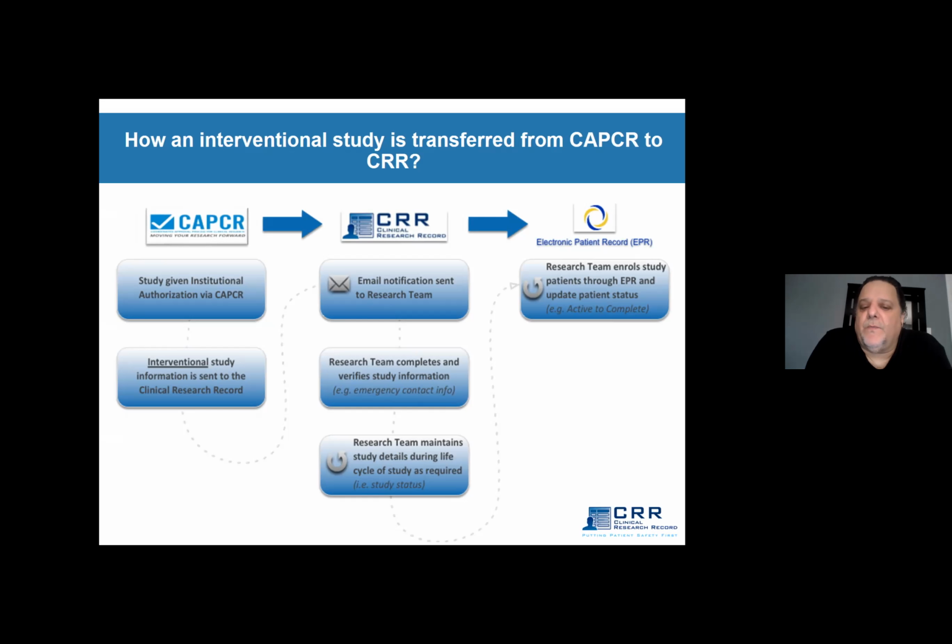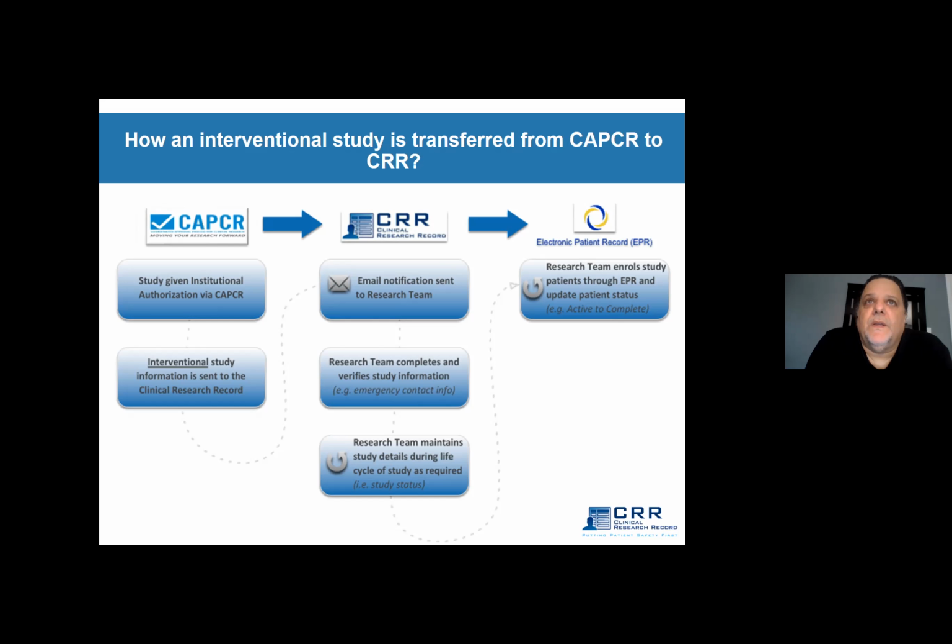This is basically what we call study activation, because it allows the study to be created inside of clinical research record. And of course, during the life of the study, the research team should maintain that study up to date, because if you think about it, the flag that will be sent when a patient is enrolled to the electronic patient record is real time.